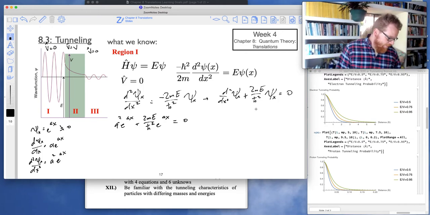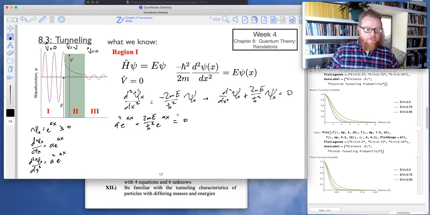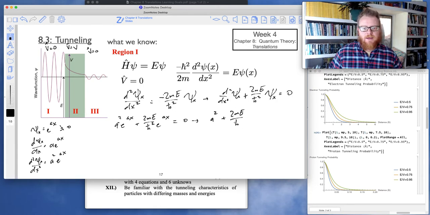So I can eliminate the e to the ax, okay, because it appears in both terms. So now simplifying that, that's going to eliminate the e to the ax. Okay, and now what I'm left with is a squared plus 2mE divided by h bar squared equals 0.